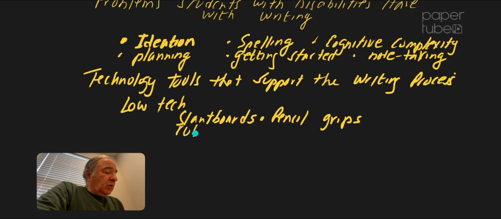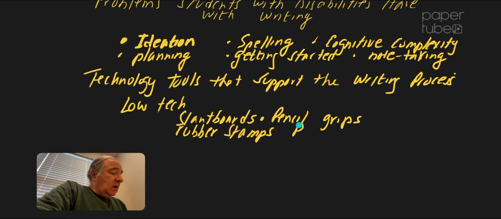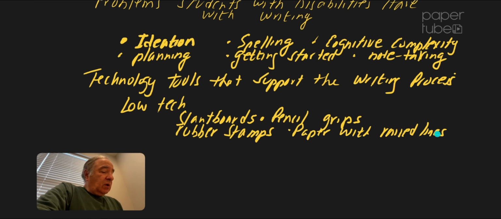For some students with really severe writing difficulties, sometimes even rubber stamps with certain keywords that they can use even for taking tests, things like that. And sometimes occupational therapists will recommend paper with raised lines, which can be a helpful resource.